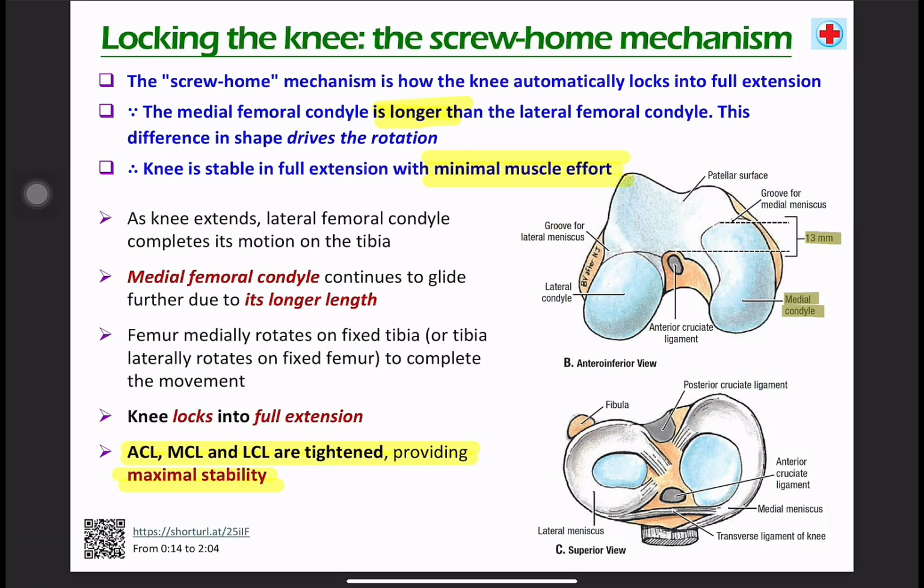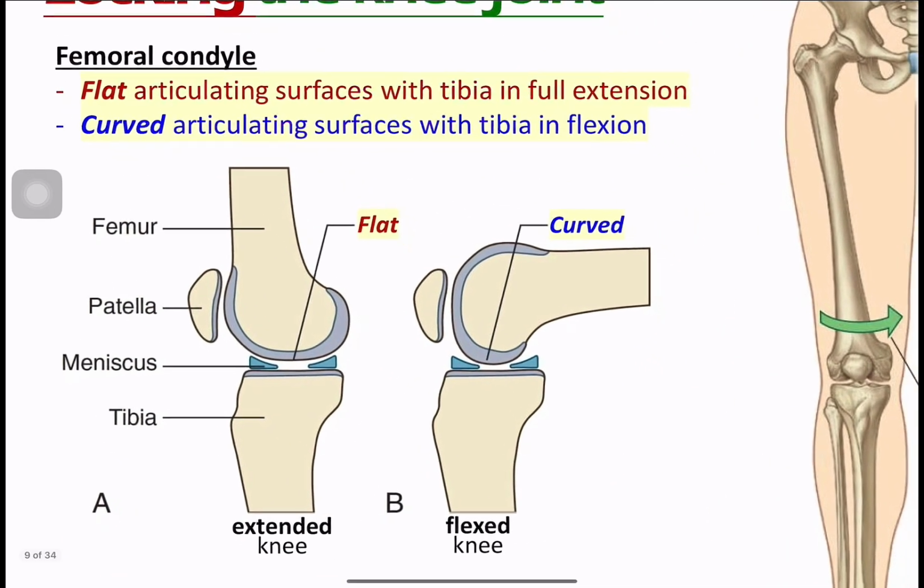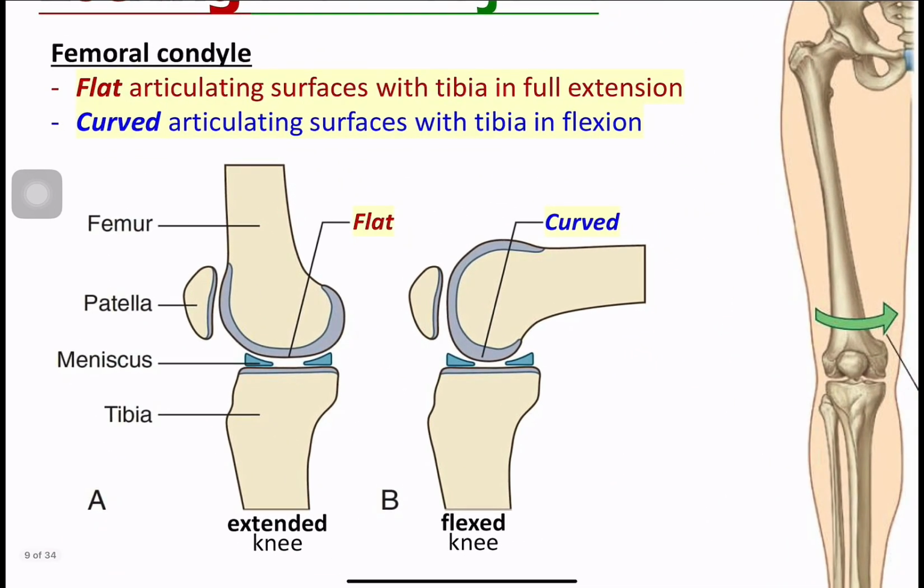So let's discuss the knee locking mechanism, which many students find challenging to understand. When we fully extend our knee, like this, when you're standing, take a look. Here, the flat surface of the femoral condyle aligns perfectly with the meniscus, creating a stable articulation.